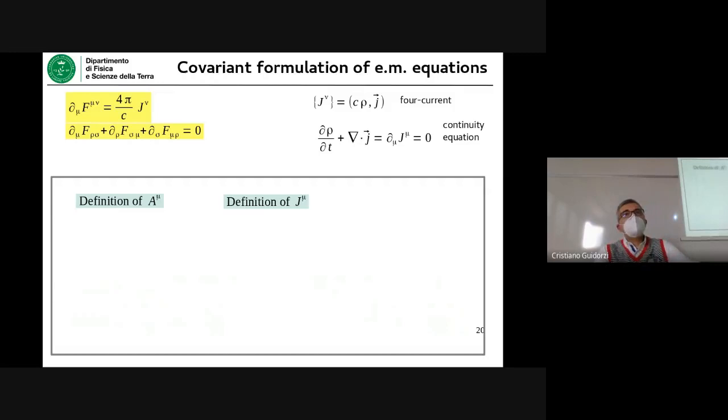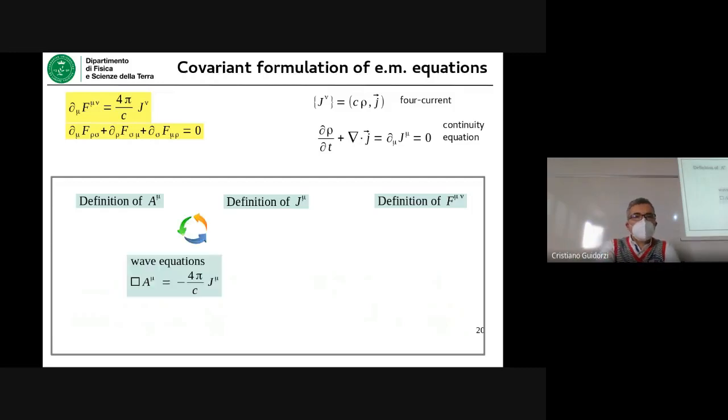Either you set the task of obtaining the four-vector potential, where what you are supposed to solve is just the wave equations, the wave equation in the inhomogeneous case. You know J mu, you solve the equation, you find the four-vector potentials.